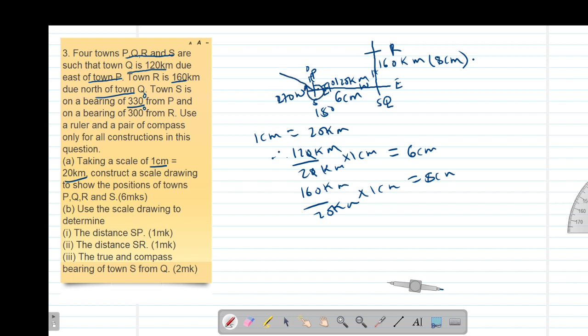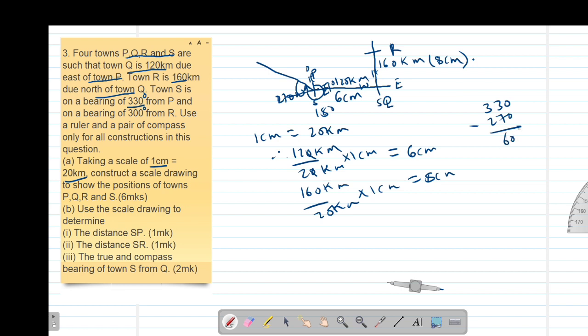So we need to find this small angle here. So if this is 270, then we are told that the bearing is 330 degrees. So the remaining angle here will be 330 degrees minus 270. So if you take 330 minus 270 degrees, you're going to get 60 degrees.